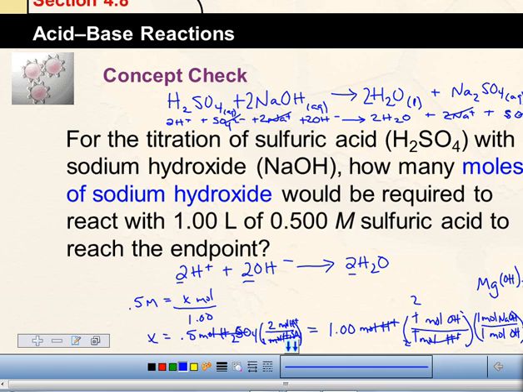And so I calculate, and this calculation is very simple obviously, and it's 1 mole of hydroxide ions, or 1 mole of NaOH. That is the end of acid-base reactions.